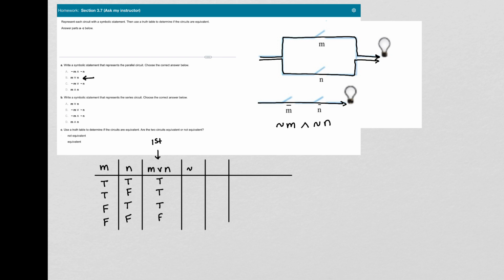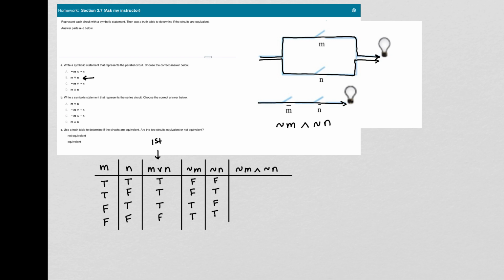And then we'll construct the truth table for the second circuit. So I need a negation of M, a negation of N, and then a negation of M and negation N. So negation, we're going to do the opposite of M, so that's going to be false, false, true, true. And then N will be false, true, false, true.